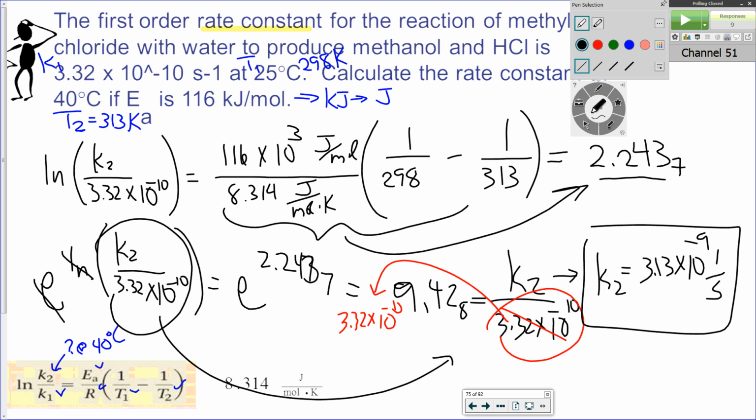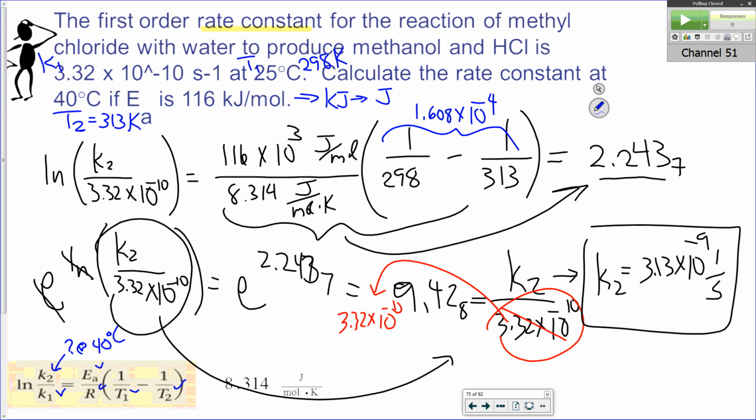I get that this number is 1.608 times 10 to the minus fourth. Okay, so that's what this equals. Then I multiplied it by 116 times 10 to the third. Yeah, I get the same number again.